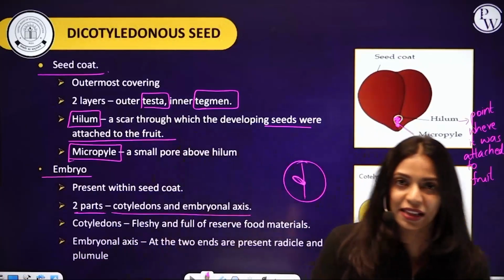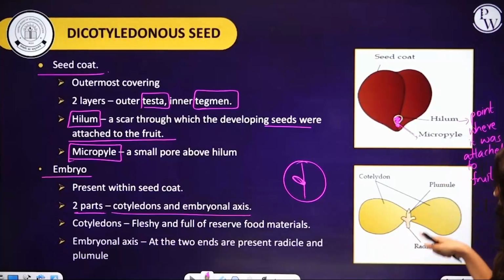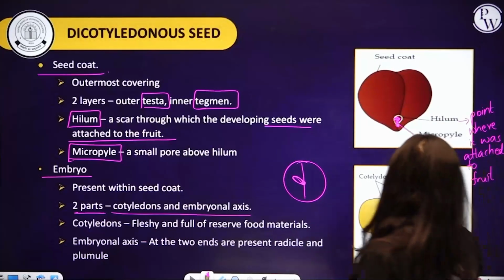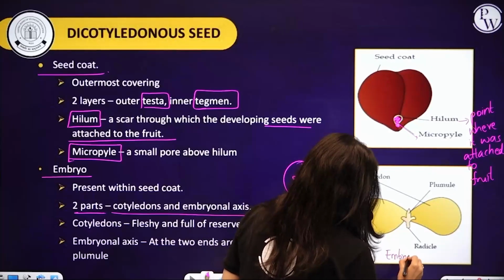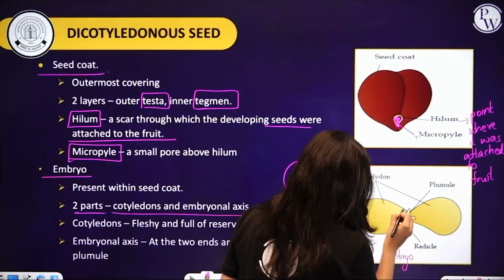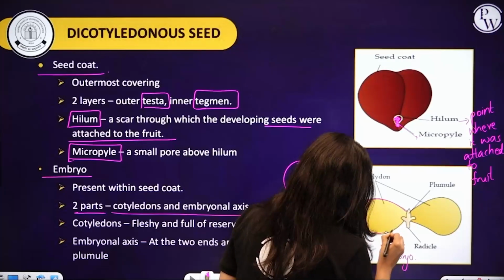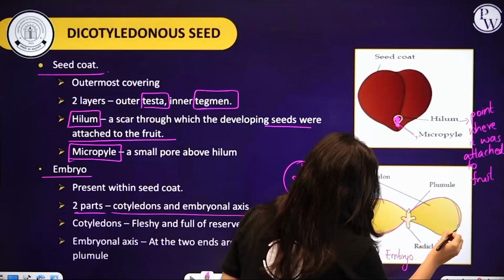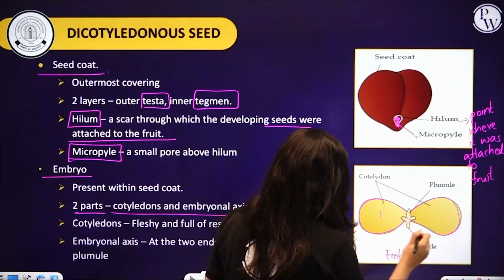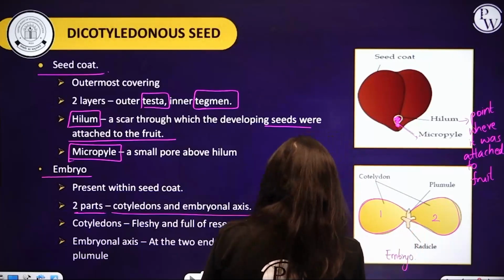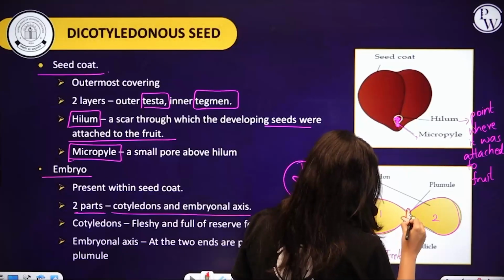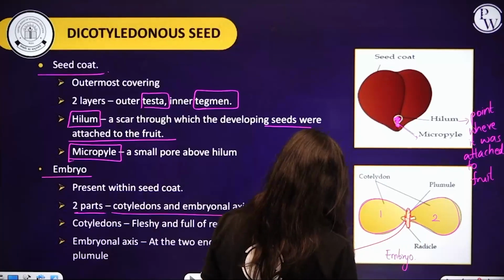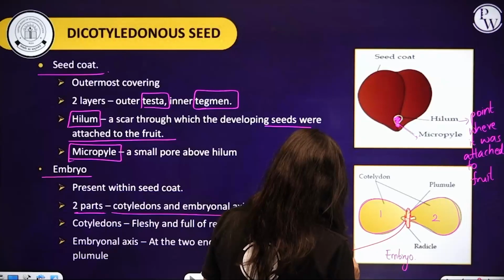All of you may have seen these seeds that have sprouted. So over here you can see this is the embryo. It has two parts. This is the cotyledon. Since this is a dicot plant, we have two cotyledons. And whatever I'm highlighting now in red, this is the embryonal axis.